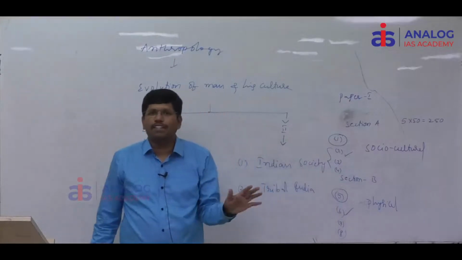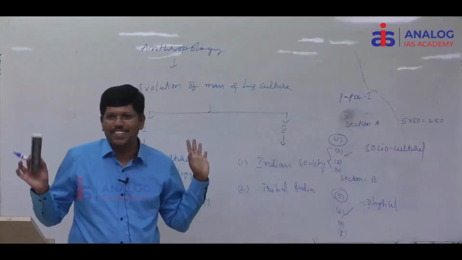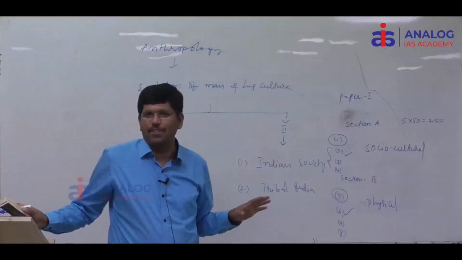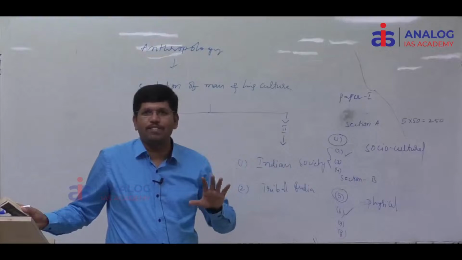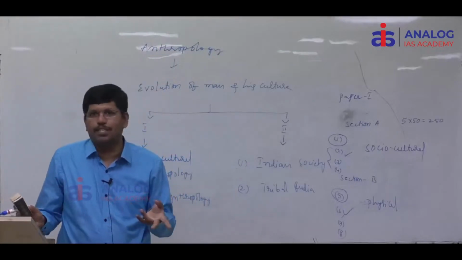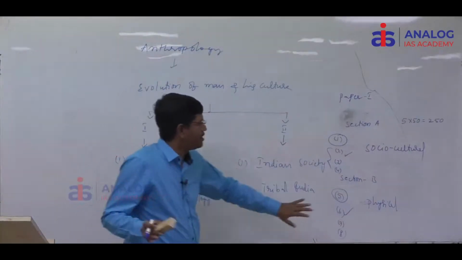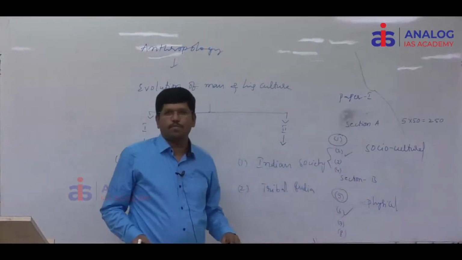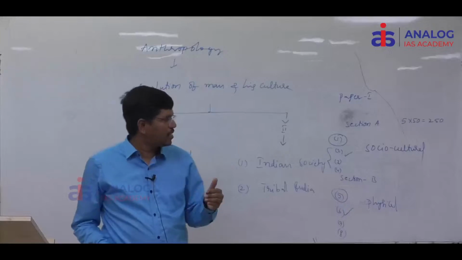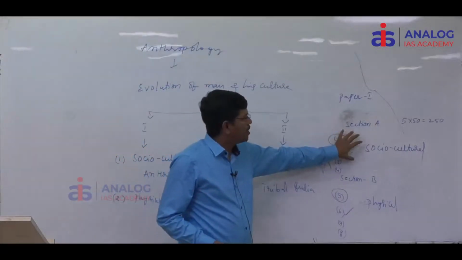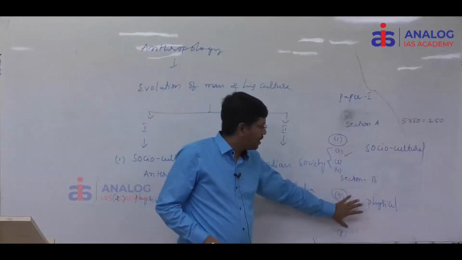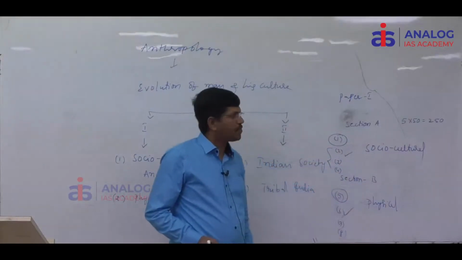This is based on conventions. According to convention it comes like this. This is not a rule. This is not specified anywhere in our notification. If the UPSC wants to jumble the questions, they can jumble it. They can mix the questions of this section in this section as well as the questions of this section in this section also. But conventionally, they are asking questions from socio-cultural anthropology in section A of paper 1, questions from physical anthropology in section B of paper 1.